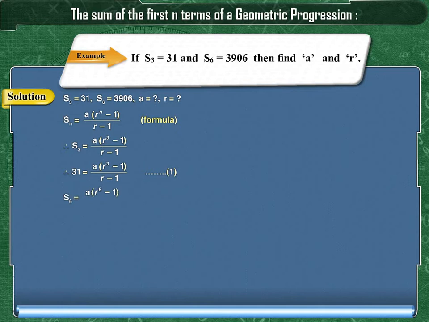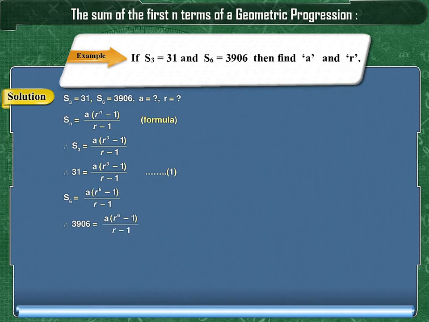But S6 is given as 3906. Therefore, 3906 is a into r raised to 6 minus 1 upon r minus 1. Let us denote this as equation 2.